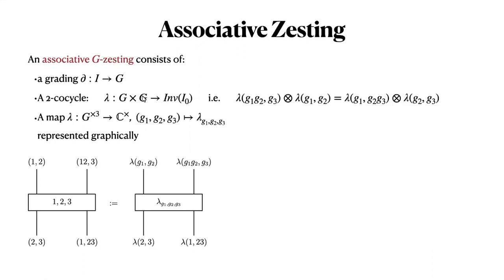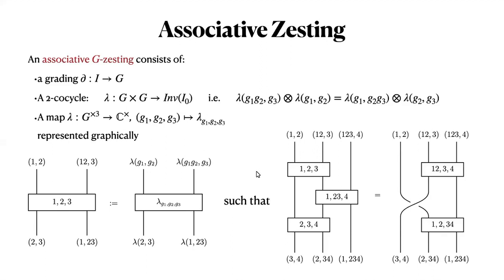I mean, one takes values in the invertible elements with degree the identity of your group, and the other one takes values in the invertible complex numbers. And now these 2 data should satisfy the following equation.